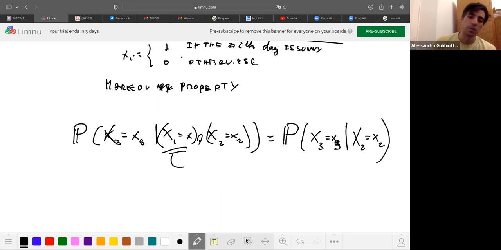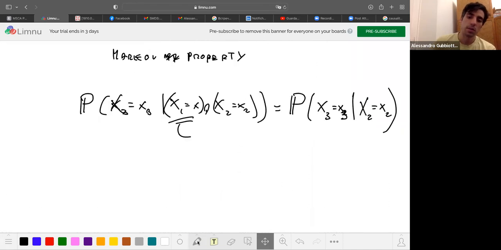This event does not influence the probability, only this event. This is the Markov hypothesis, which in general takes this form.